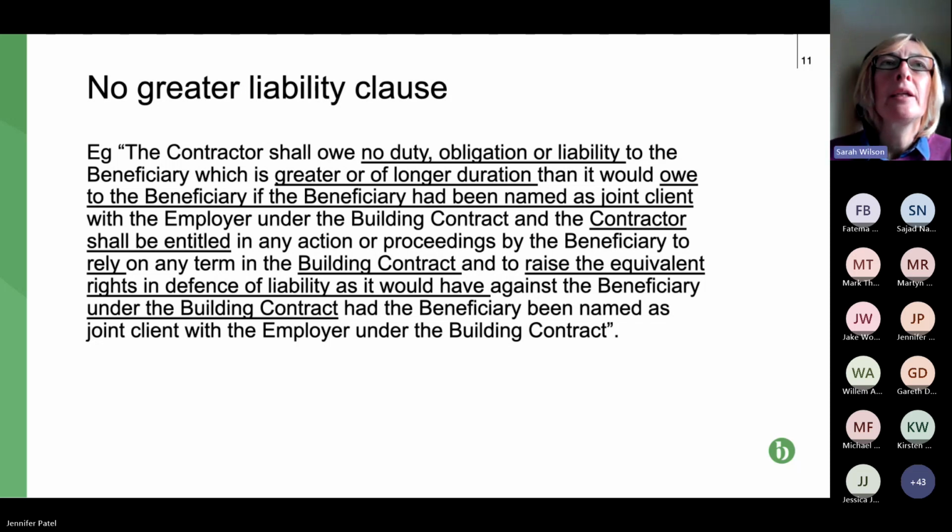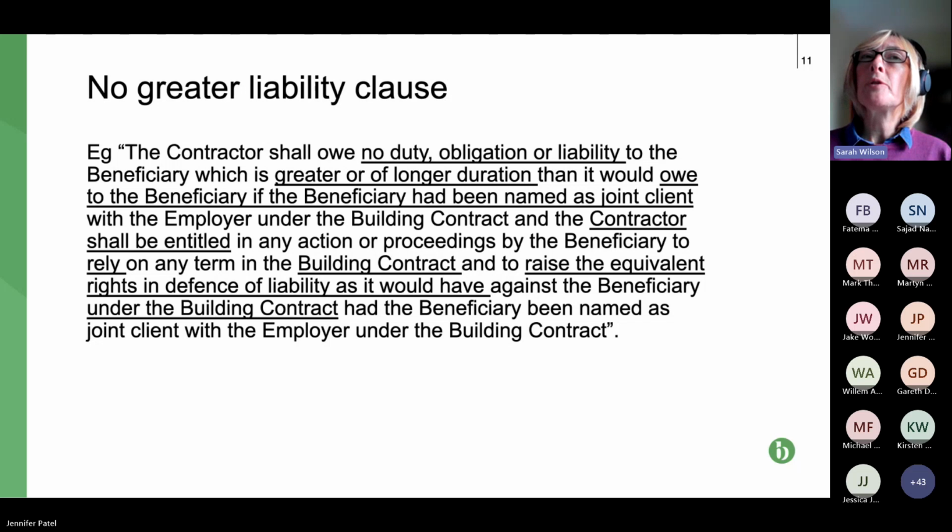And then it goes on to say, at the end of the fourth line, and the contractor shall be entitled in any action or proceedings by the beneficiary to rely on any term in the building contract and to raise the equivalent rights in defence of liability as it would have had if the beneficiary had been a party under the building contract.